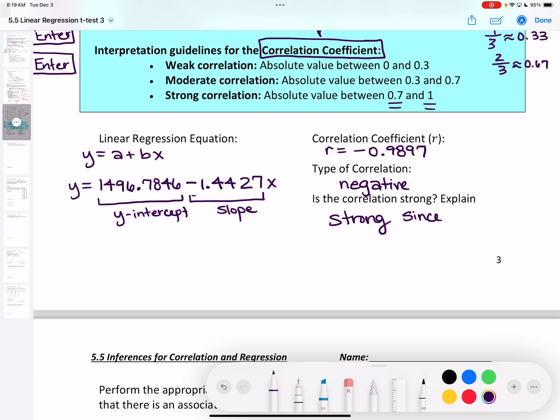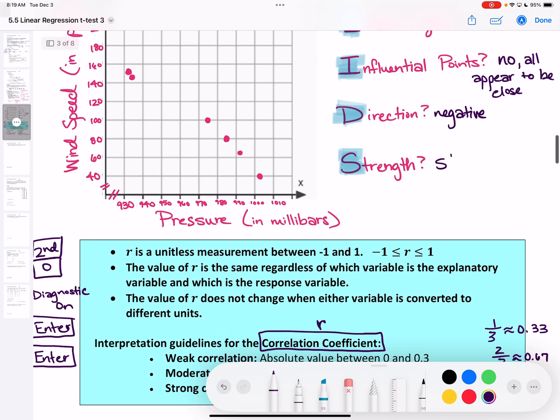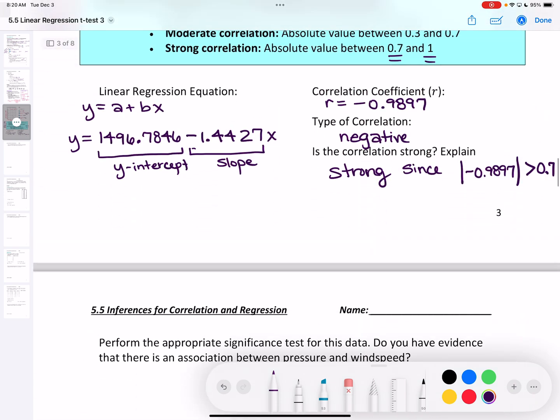Well, the absolute value of negative 0.9897 is greater than 0.7. So it's strong. Okay? So up here, I'm going to write strength, strong. There is a strong negative linear relationship. Okay? Everybody good so far? Yeah? Okay. And don't forget, to get r, you have to hit second 0, which is your catalog, and then turn your diagnostic on. Okay?